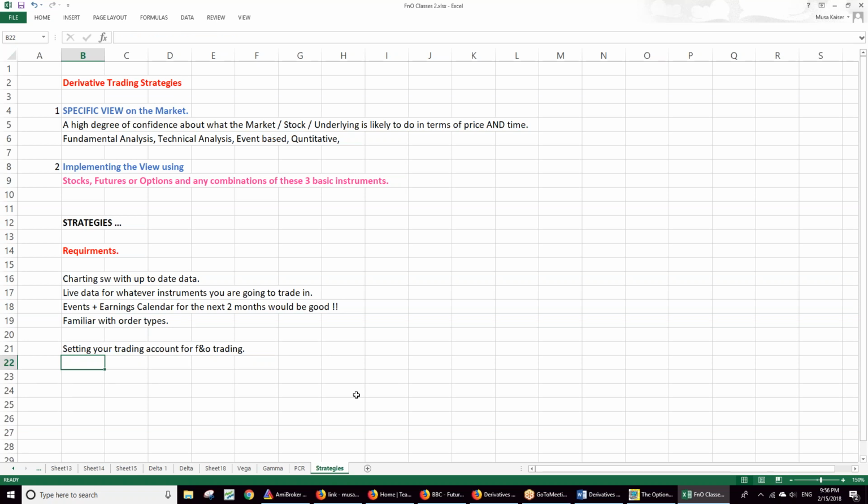Then, of course, please have funds in your trading account. Again, no real number, but at least a lakh or two plus is the absolute minimum.